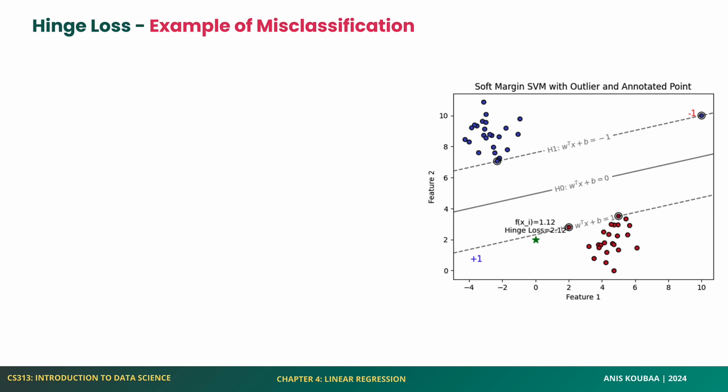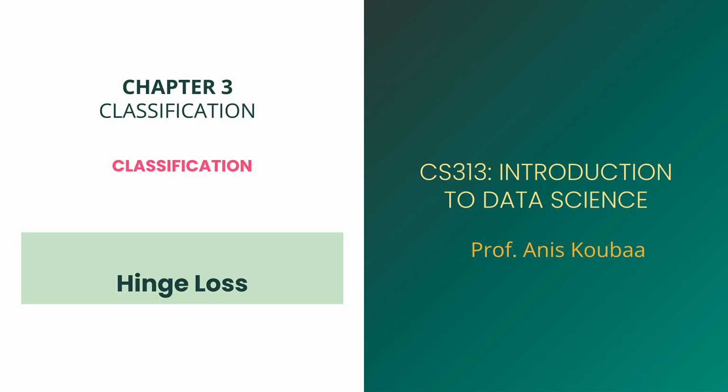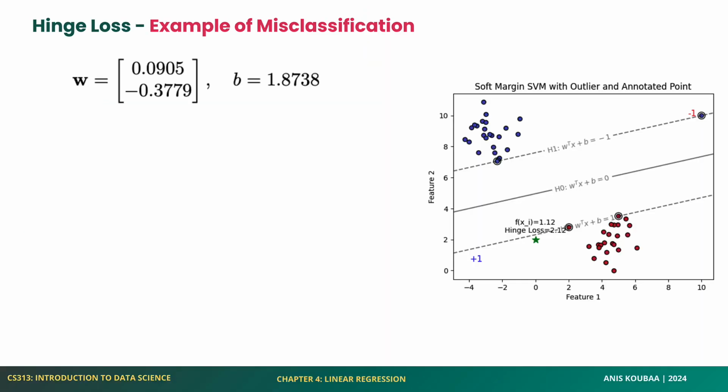Given a particular scenario like this, we want to calculate the hinge loss, and this time for a misclassification case. So this is our vector W. What does it represent, W and B? It represents our hyperplane.